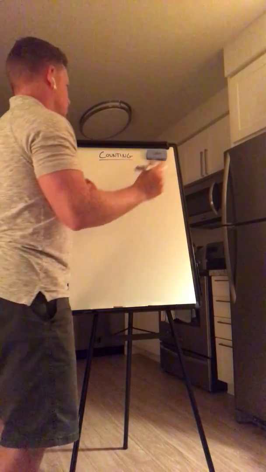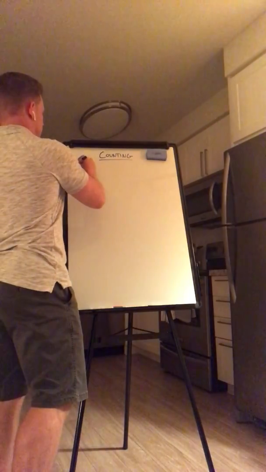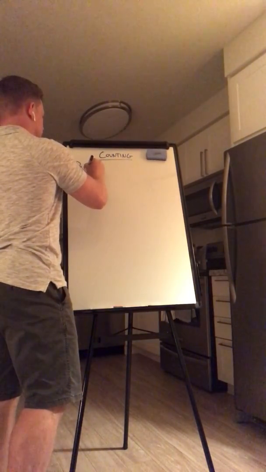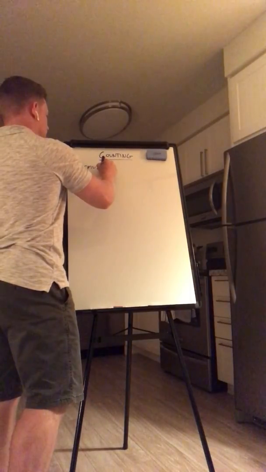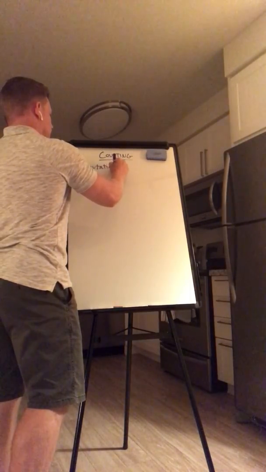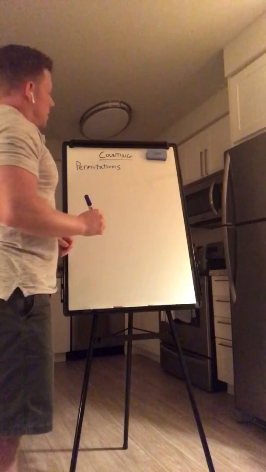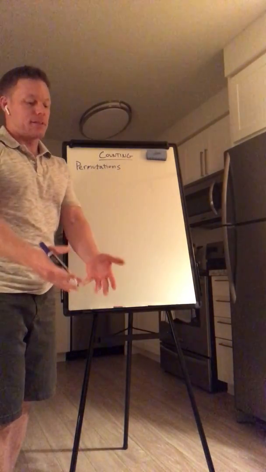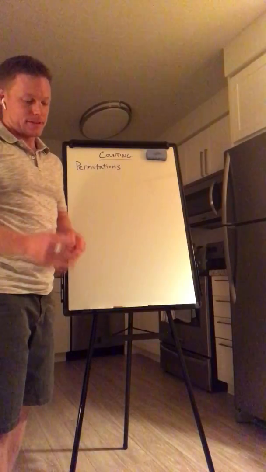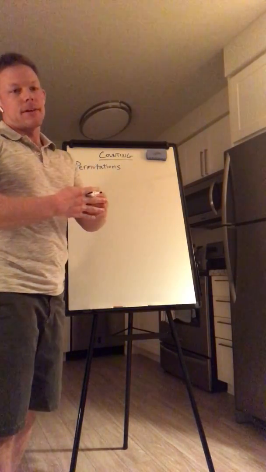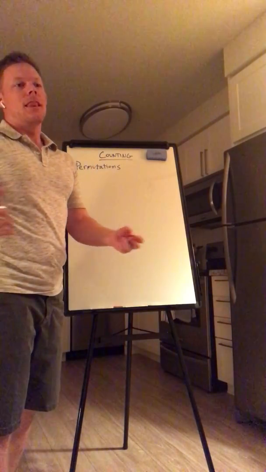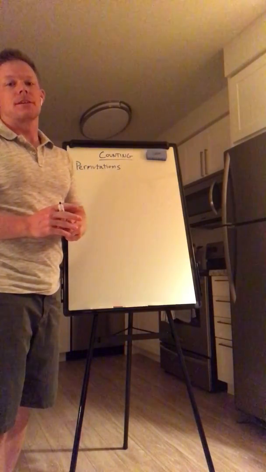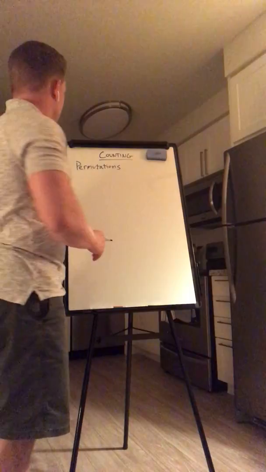So let's start with the first one, which is permutations. And permutations is really asking exactly the question that I stated there. If I have a certain number of things, how many ways can I draw a subset of those things where order does matter?